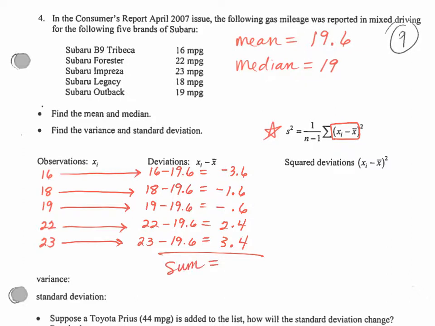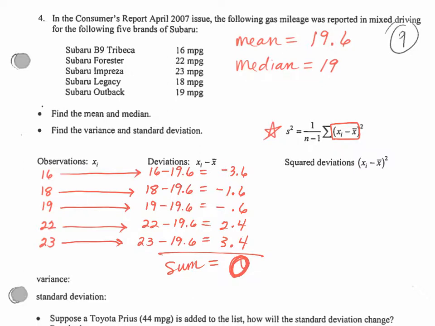When you are finished, I want you to sum up those deviations. What is the rule that all of those deviations will always do? They will add up to 0. So that's a rule. Those deviations, those distances away from the mean will always sum up to 0.